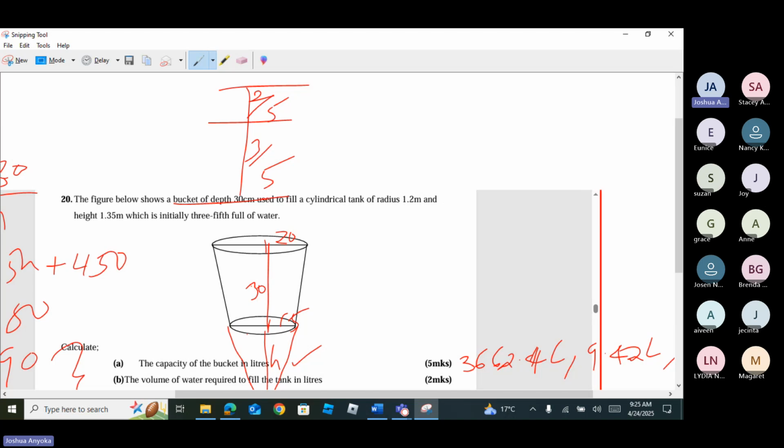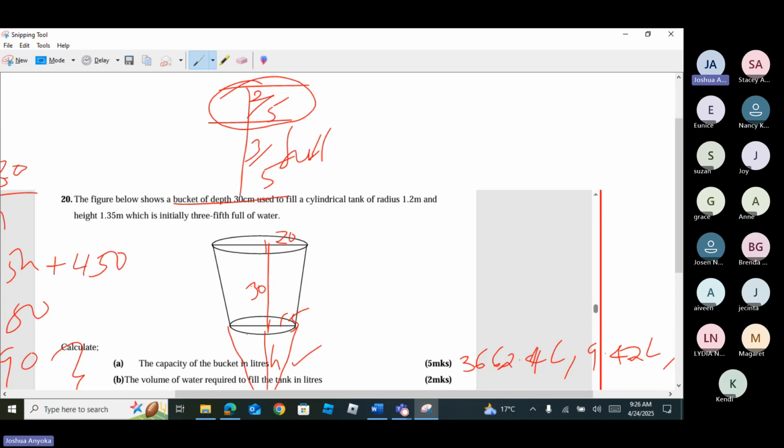A cylindrical tank of radius 1.2 meters. So what is missing to completely fill the tank is 2/5 of the tank.